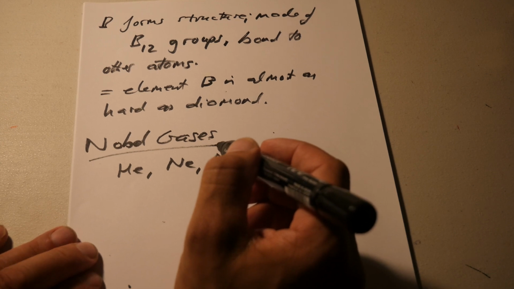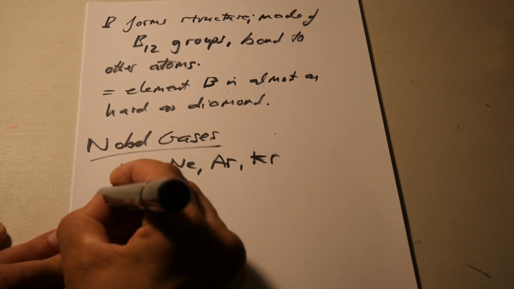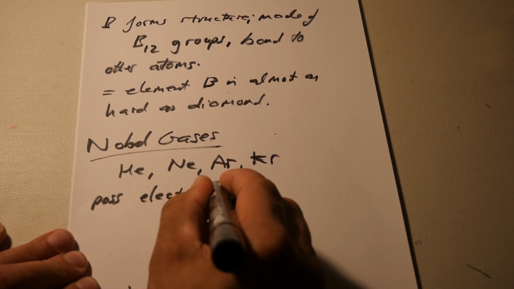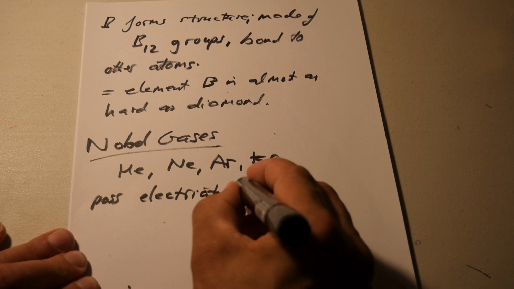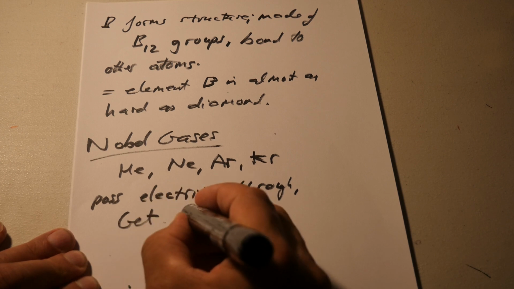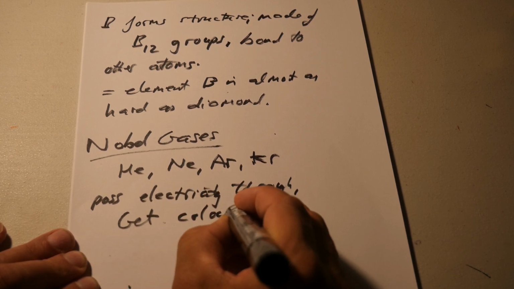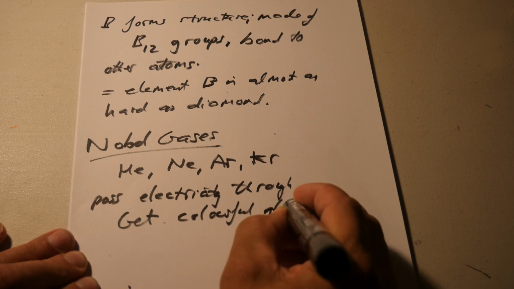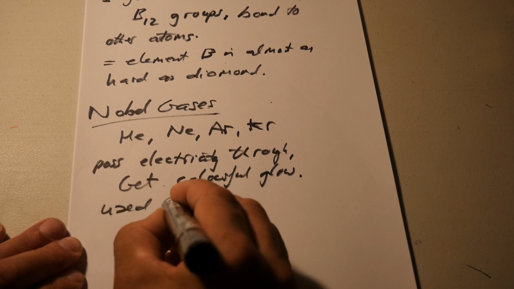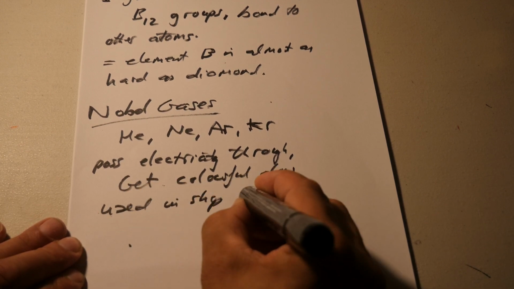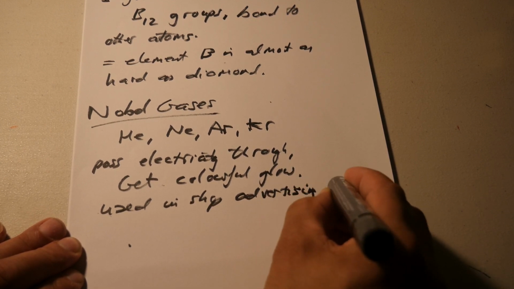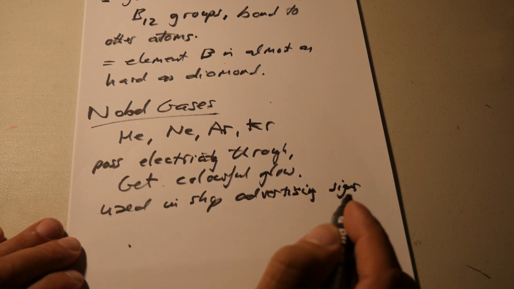So, noble gases: if you pass electricity through, you get a colourful glow. This is used in advertising signs. Probably these are LEDs now, so this may be out of date.